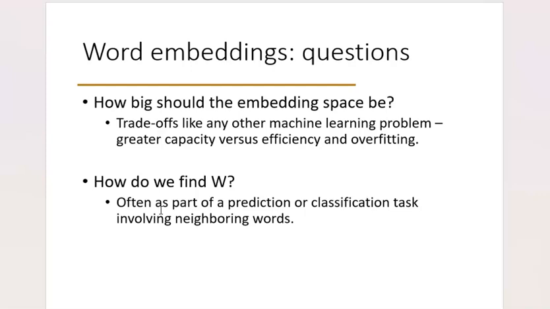And the second question is, how do we find this function W? Typically, embeddings are learned as part of a classification or prediction task, which involves neighboring words. We'll look at different methods today, and you will see that all of them include neighboring words and the context where each word is used.